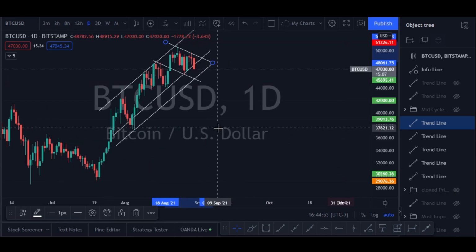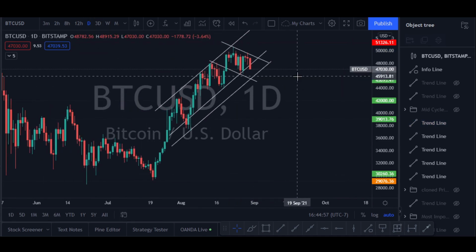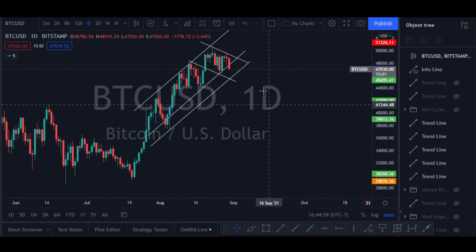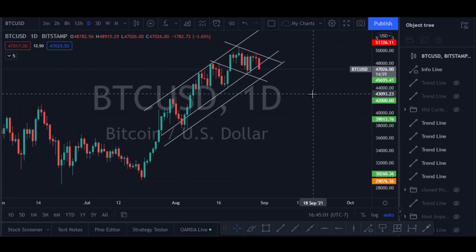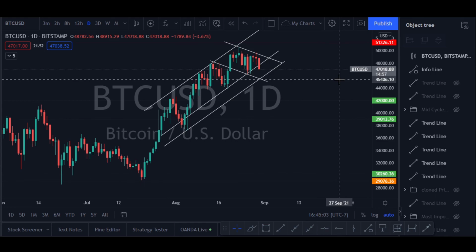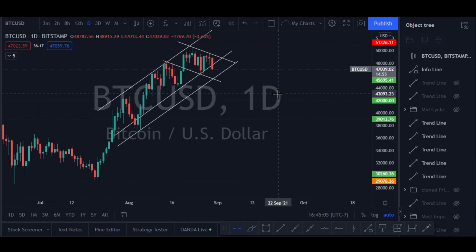And so far they haven't, and we don't know if they will, but if you believe in Bitcoin, then everything still looks good. And so that's what I wanted to talk about today. That's kind of what my view is.